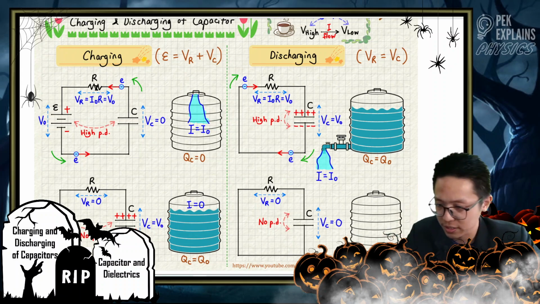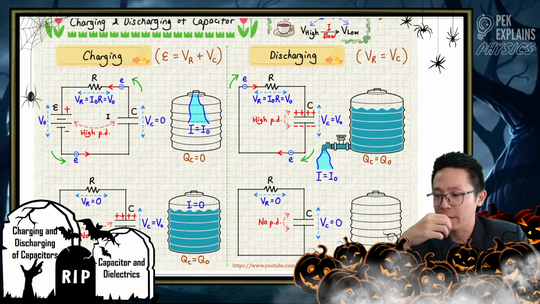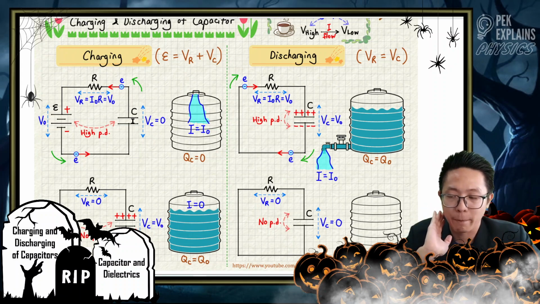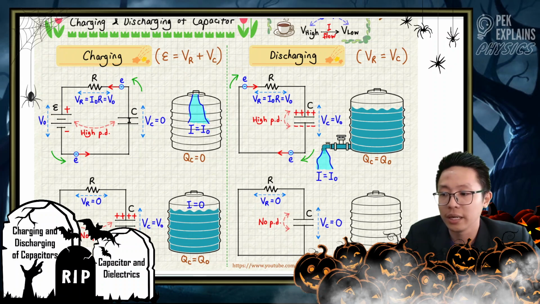I have a lot of concepts to talk about. For the resistor, I want you to know one thing. This resistor and this capacitor are in series connection. Why are they in series? Because they have a one-leg connection, and the other leg connects to the battery.